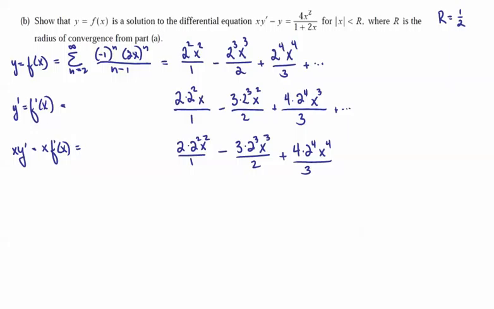Now all we need to do is a term-by-term subtraction. So we want to subtract from that y, and the y terms were 2 squared x squared over 1 minus 2 cubed x cubed over 2 plus 2 to the fourth x to the fourth over 3.